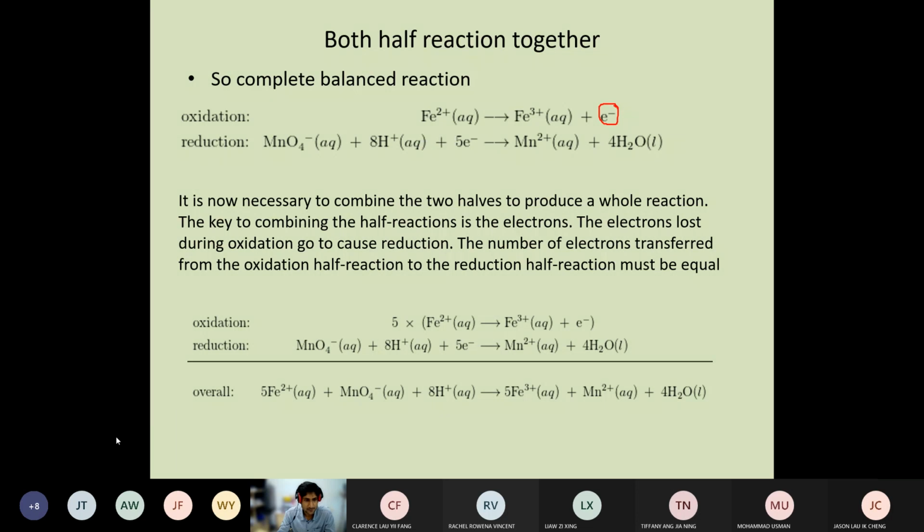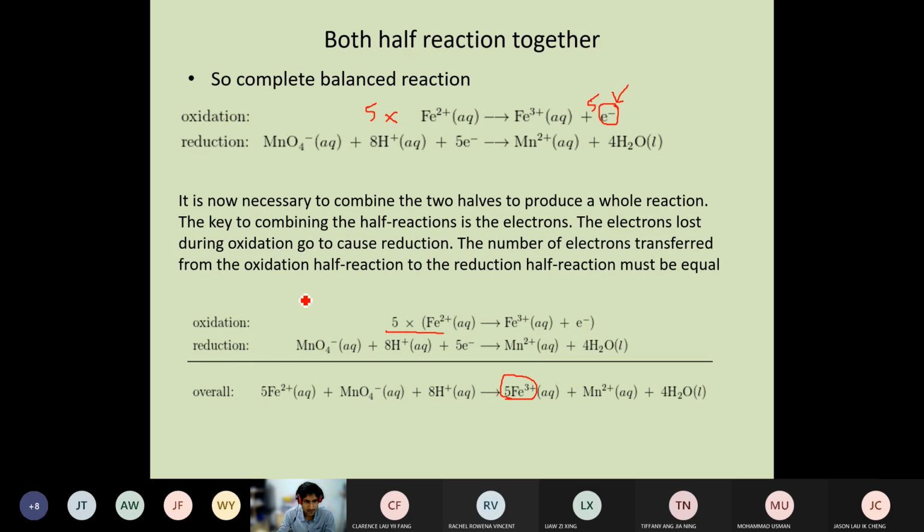So what we can do is multiply this reaction by 5, and then I will get 5 electrons as well. So we multiply the iron by 5, and I will get the 5 electrons here. Our aim is to get 5 electrons here.